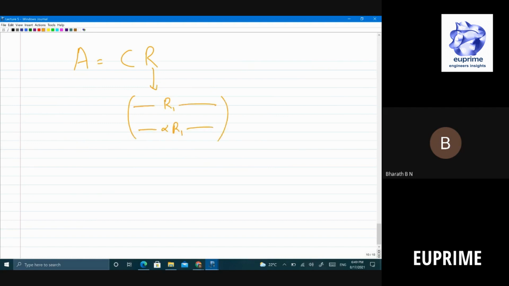Now, what can you say about the row rank of A? Is it 1 or 2? Can it be 2? Yes or no?